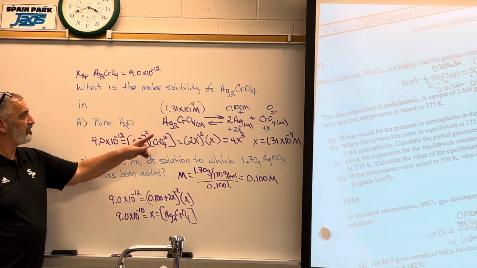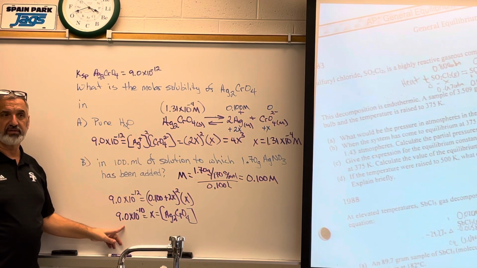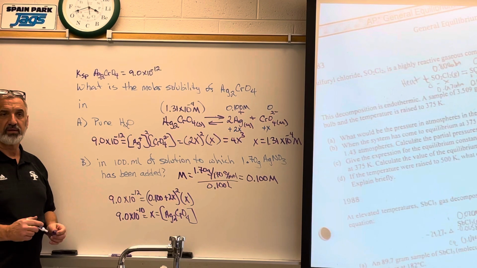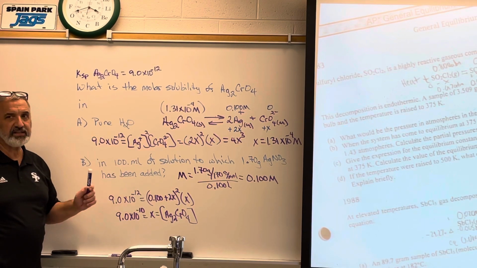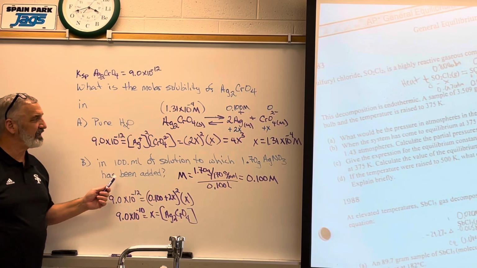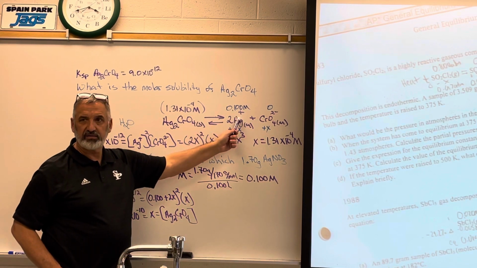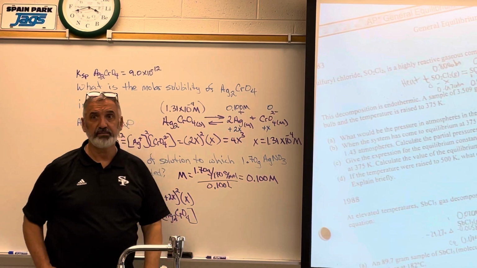It went from 10 to the minus 4 molar to 10 to the minus 10 molar. Okay? So the only thing different between normal molar solubility and common ion is you just don't start at 0. Whatever the common ion is, you just have that value.